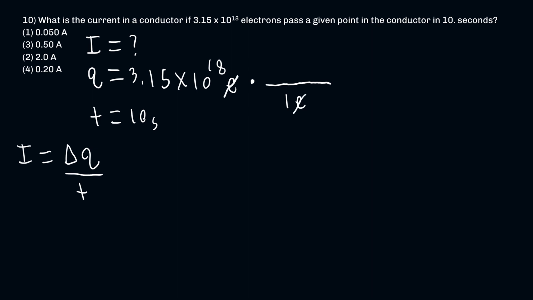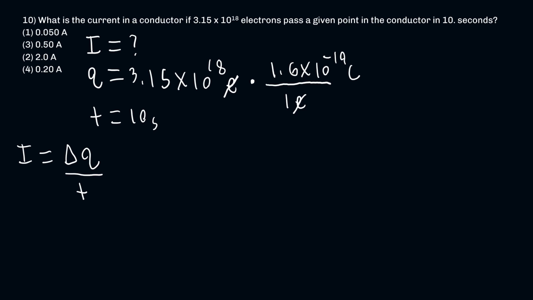And then I put what my elementary charge is in coulombs at the top, so I end up with my unit as coulombs. So 1 elementary charge is 1.6 times 10 to the negative 19th coulombs. Now let's plug this into the calculator: 3.15 times 10 to the 18th times 1.6 times 10 to the negative 19th coulombs.